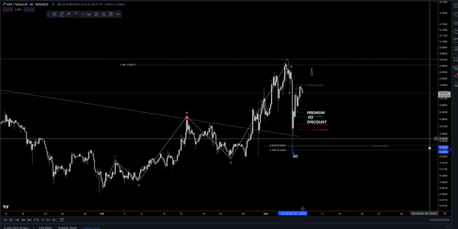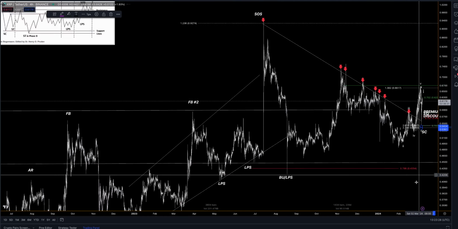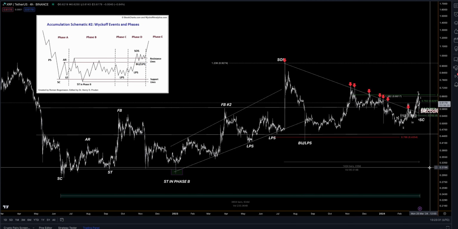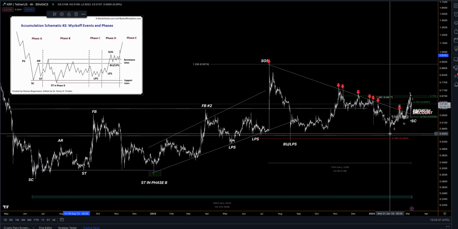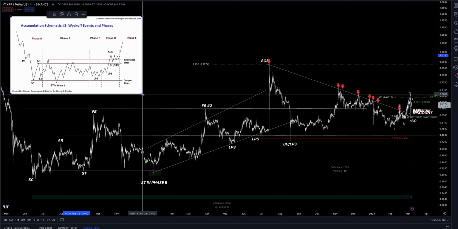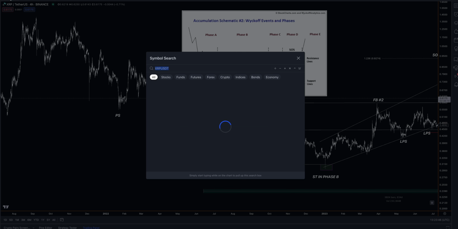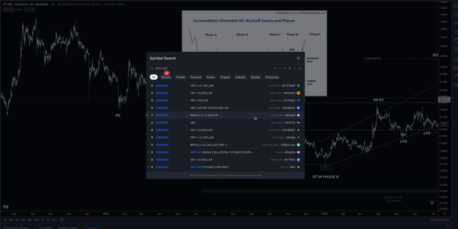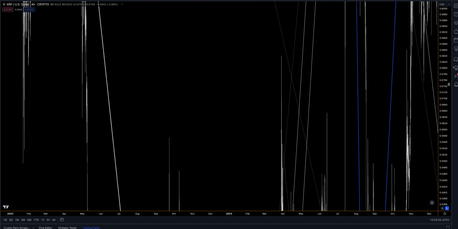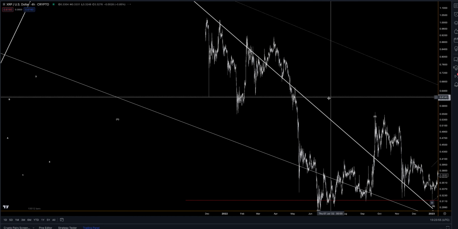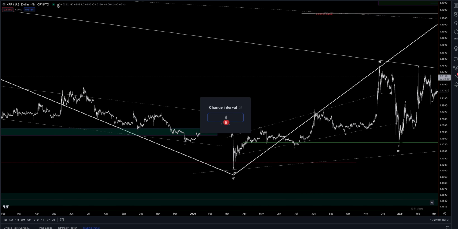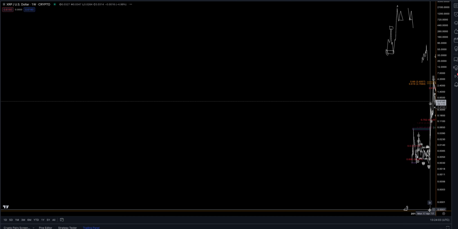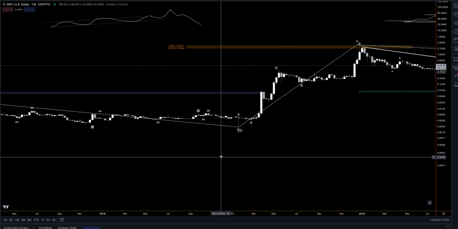Okay. Now, when we look at the high time frame, we see that we have entered into phase E already. Okay, we've entered into phase E on January 31st. Now it's crazy because if we go to this chart over here, where were we before we broke out over here?